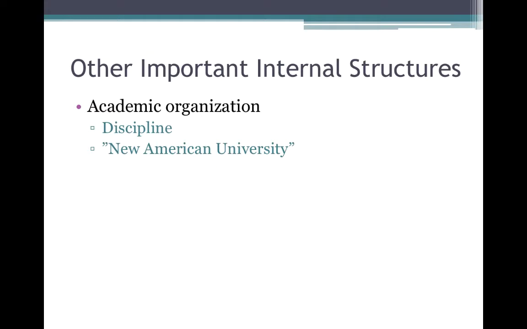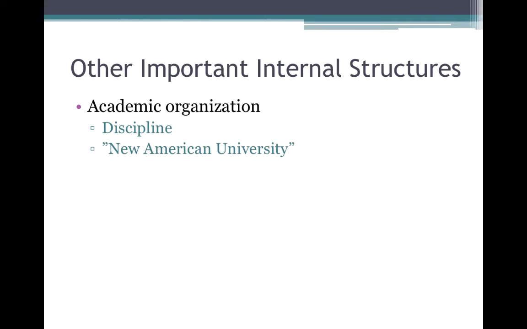The Becker article does introduce a number of different schemes for thinking about how to organize the disciplines within any given college or university. So that's a helpful model. The other article that I had you read for this module was published by the president of Arizona State University, who has, as you now know from the article, undergone a major reorganization of how knowledge is structured within Arizona State into this new American university model.